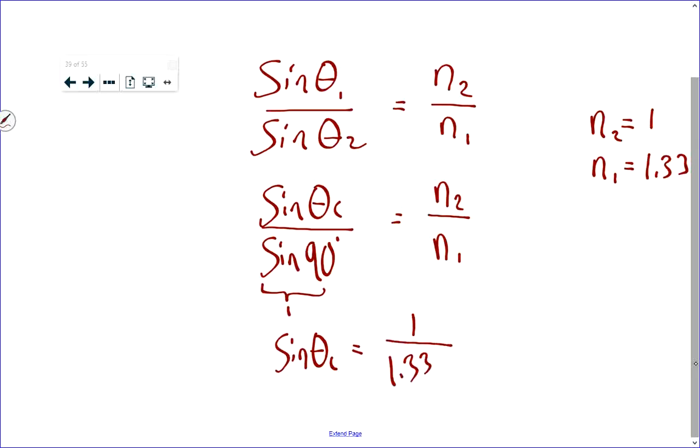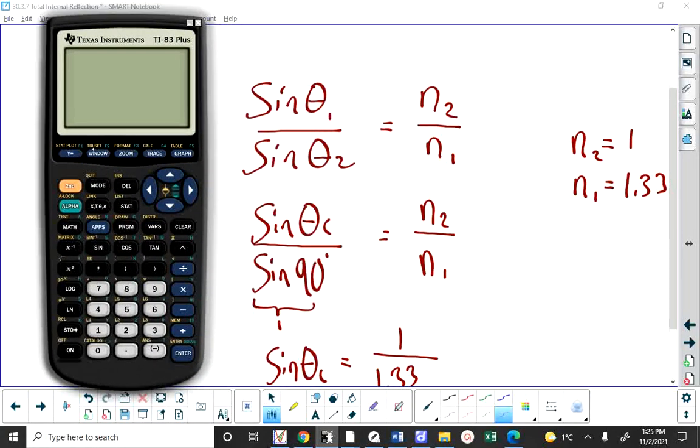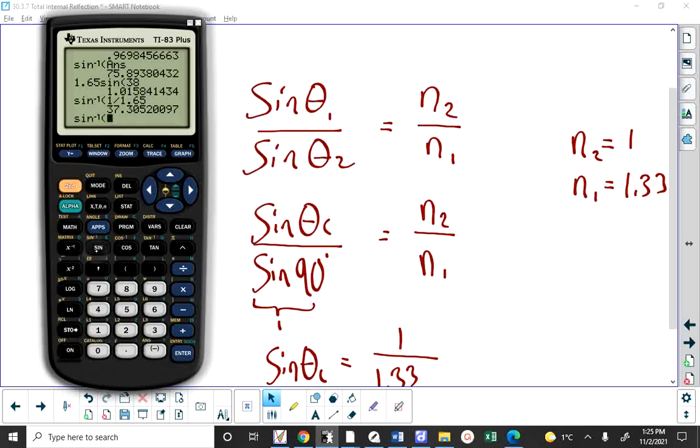So it's inverse sine of 1 over 1.33, which I think is about 47 degrees, if memory serves, and sometimes it doesn't. 48.8 degrees.